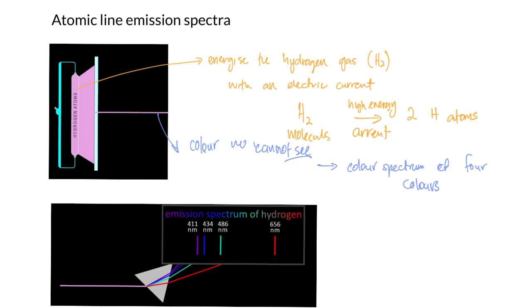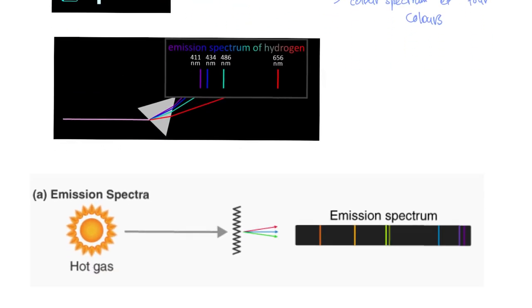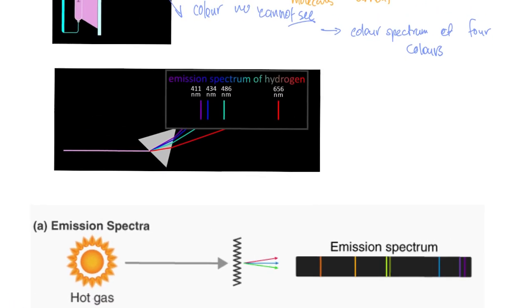But when we diffract it, when we take that pink light and it goes through a process of diffraction, diffraction just means the bending of light. You would have done this in grade 9 at some point.